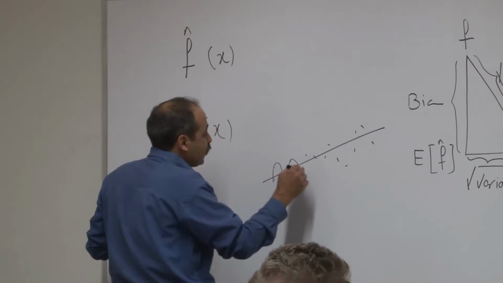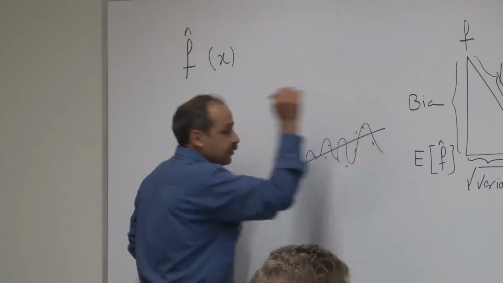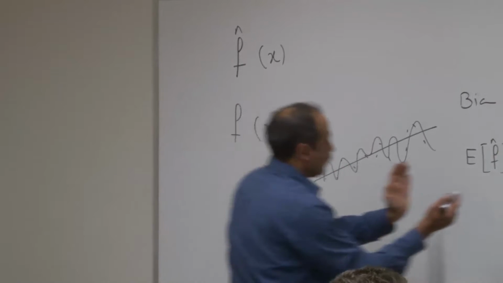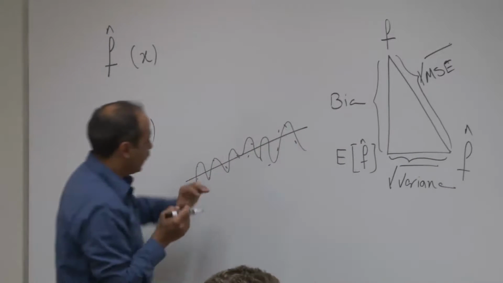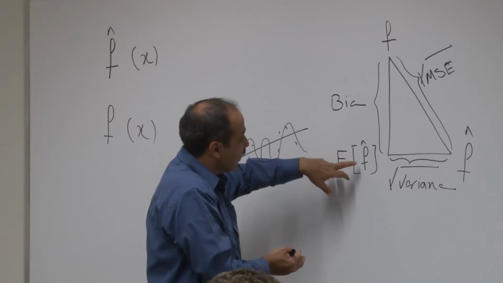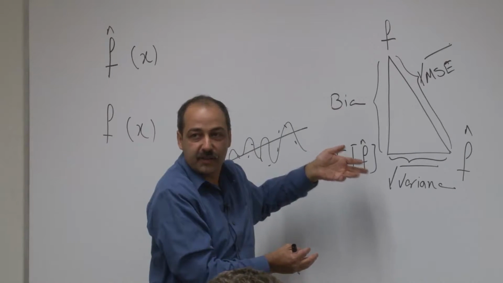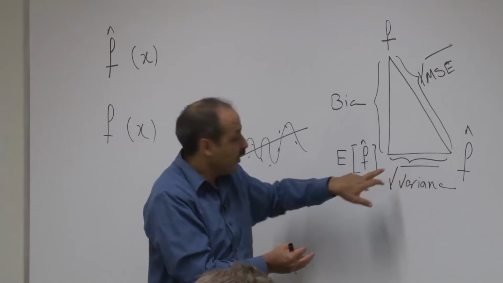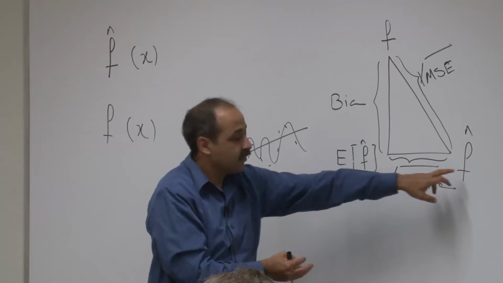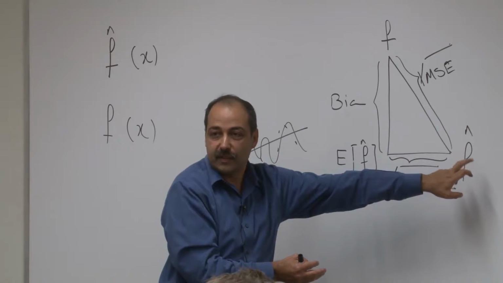But if I choose a function which is pretty flexible, I may have a very small bias, but I have a huge variance, in the sense that each time I fit a function, it's different from the previous one. On average, this is going to be pretty far from what I'm fitting at the moment.